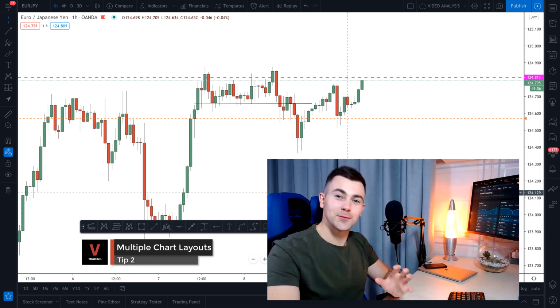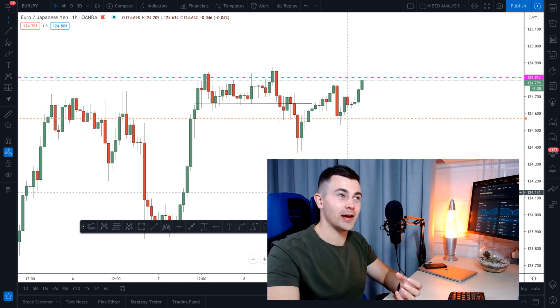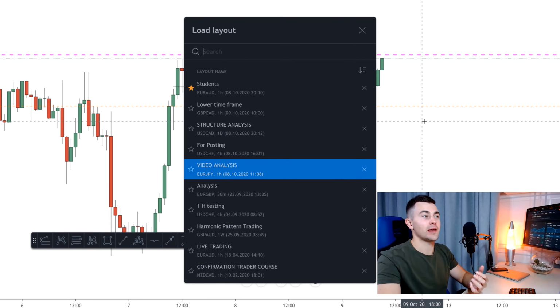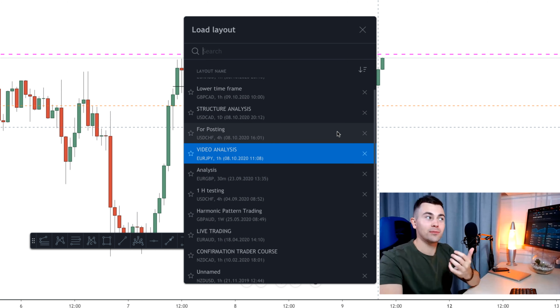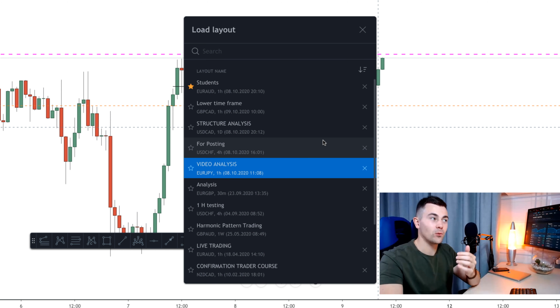The next tool that I truly want you to apply is the chart layout. Here in TradingView, you can see that I have many different layouts, and I apply them for different kinds of purposes. First of all, I have a layout for my private one-on-one coaching sessions with my students.